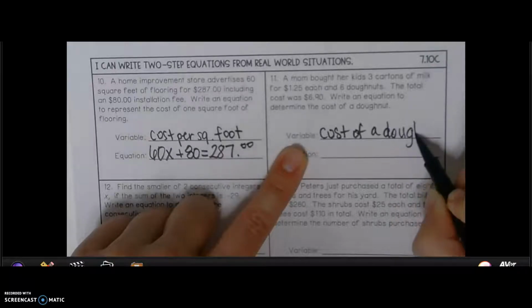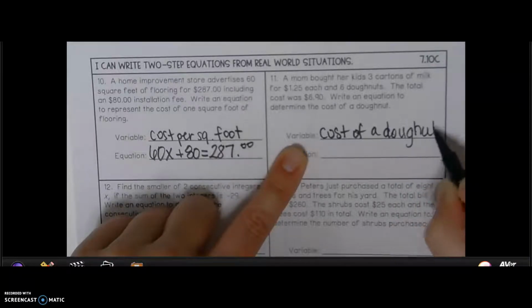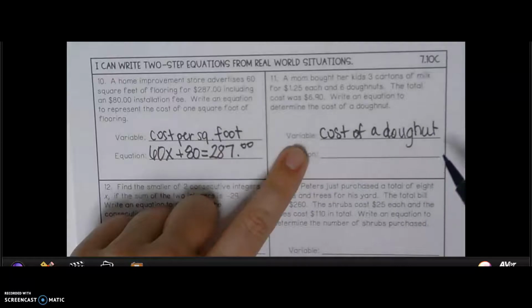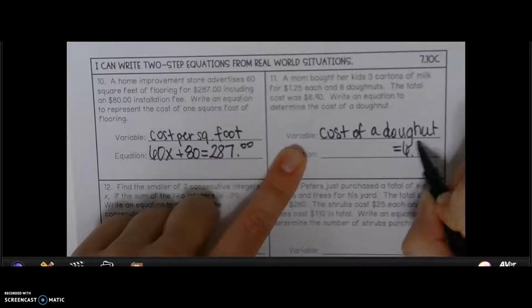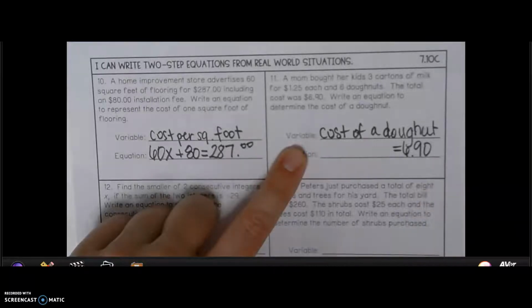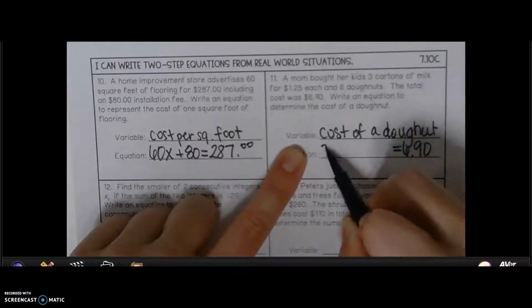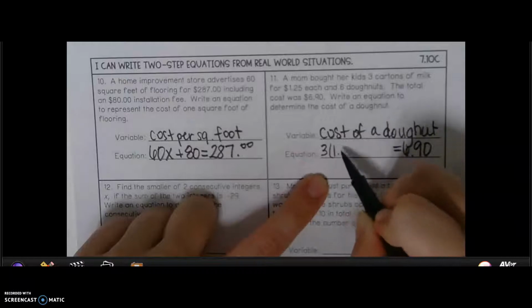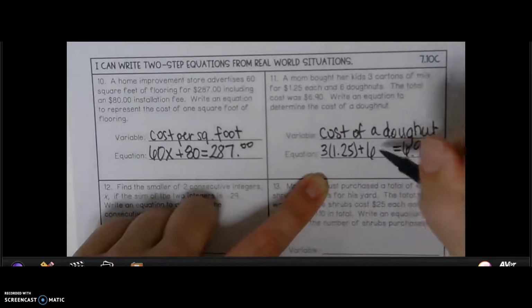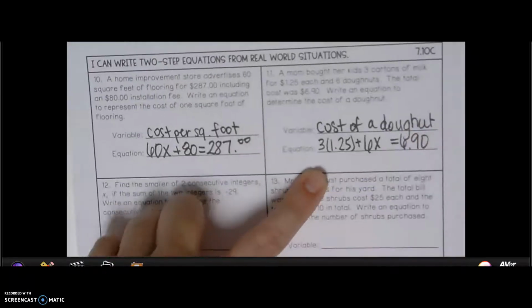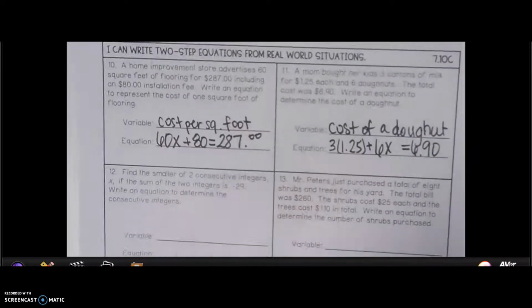That's going to be our X or D or whatever. We know that the total cost was $6.90. We also know that there were 3 cartons of milk purchased for $1.25 plus 6 donuts, and we're not sure how much those 6 donuts cost, so that's our X.